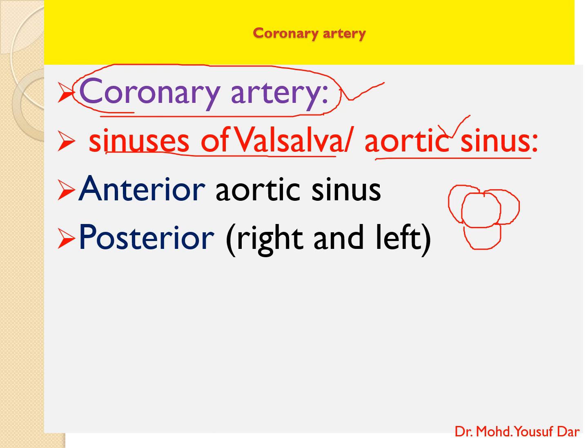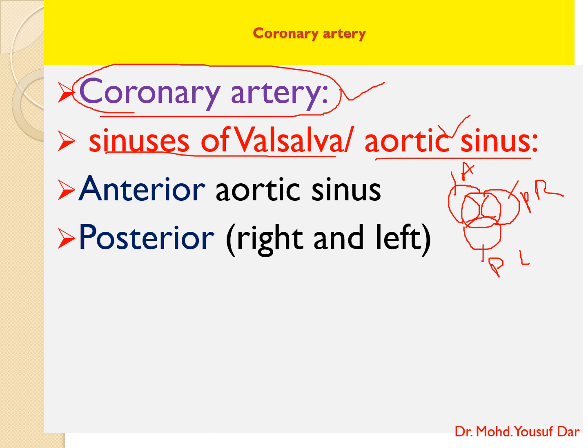Suppose this is the aorta. This aorta is guarded by the three semilunar valves. Just peripheral to the semilunar valves, there are sinuses. Three sinuses are present. One is anterior and two are posterior. Among the posterior, one is right and one is left.